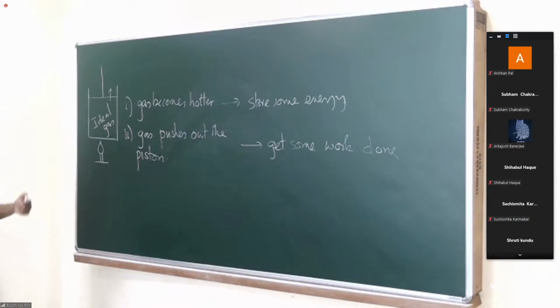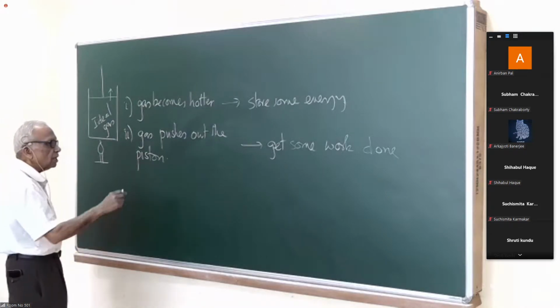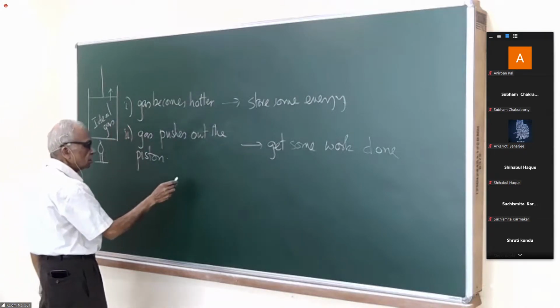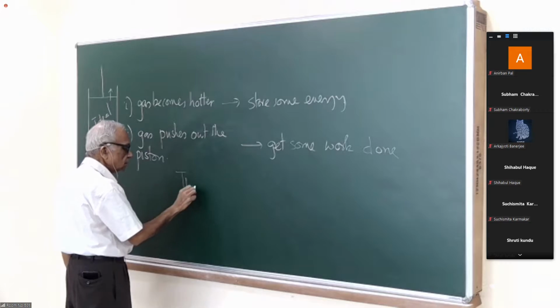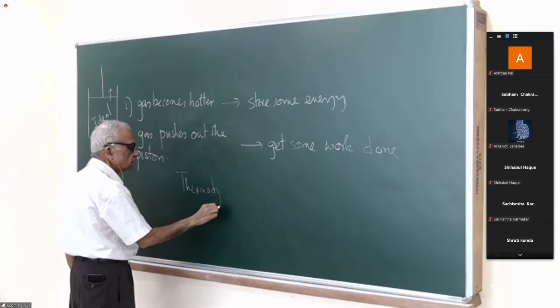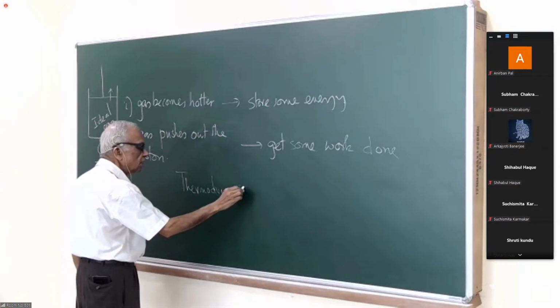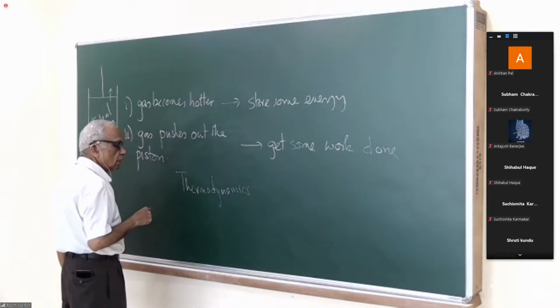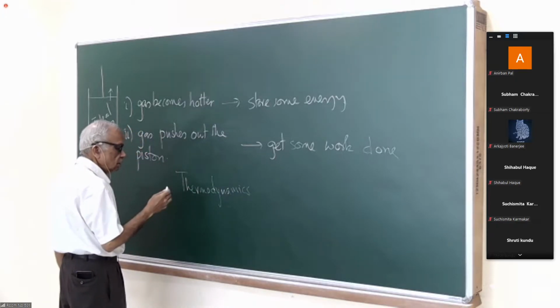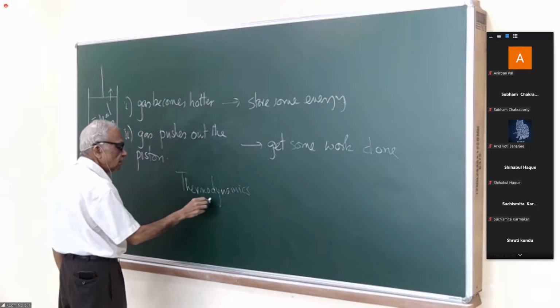And so there is that energy store which you can make use of, and one of the primary uses that you can make of it is to get it to do some work. So this is the business of thermodynamics, the two parts relating to the two essential characteristics of an ideal gas.